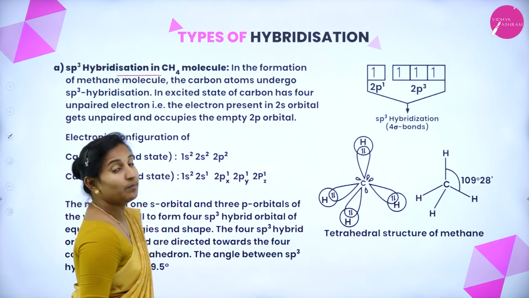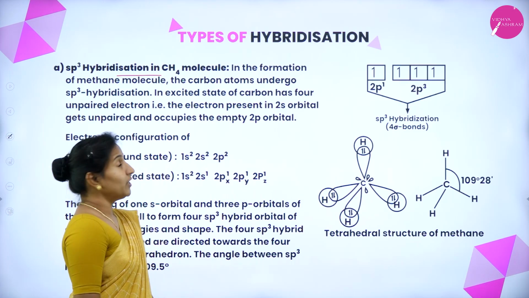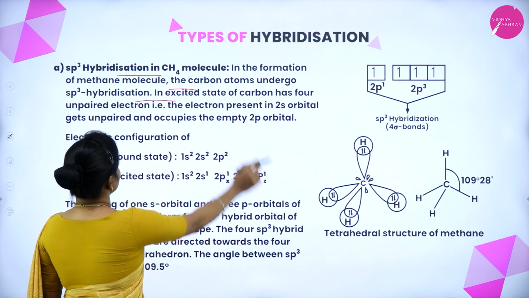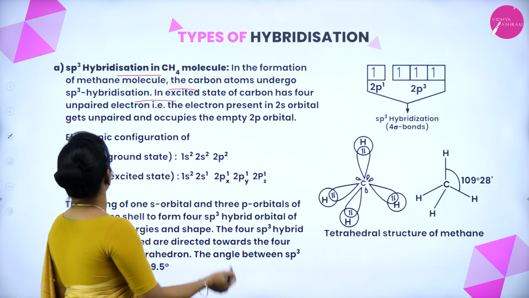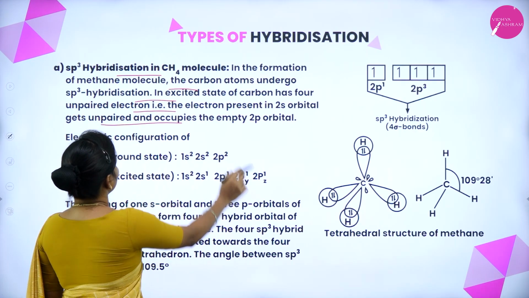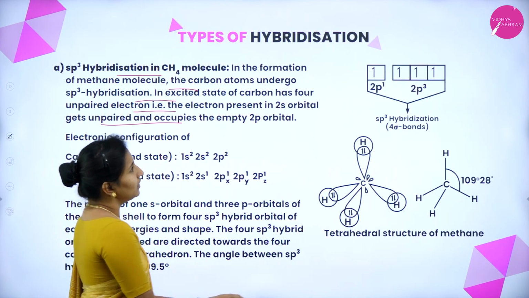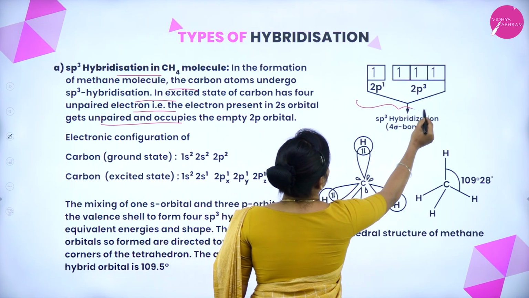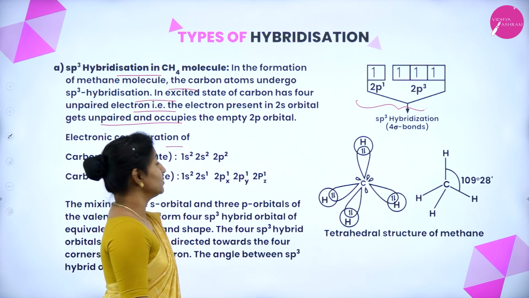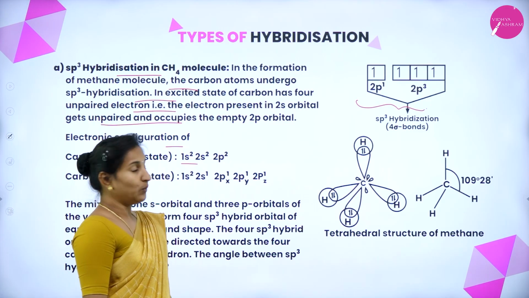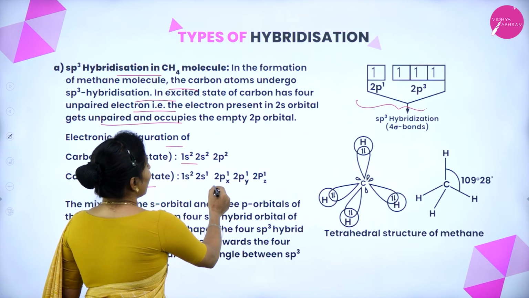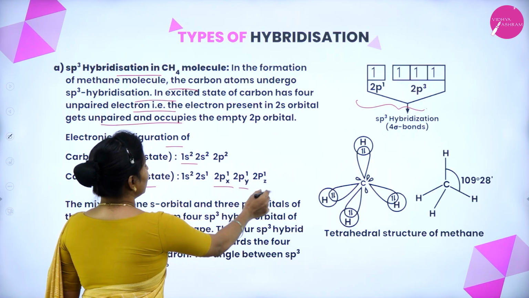sp3 hybridization in methane. In the formation of the methane molecule, the carbon atom undergoes sp3 hybridization. In the excited state, an electron present in the 2s orbital gets unpaired and occupies the empty 2p orbital. The electronic configuration of carbon at ground state is 1s2, 2s2, 2p2. Carbon at excited state is 1s2, 2s1, 2px1, 2py1 and 2pz1.